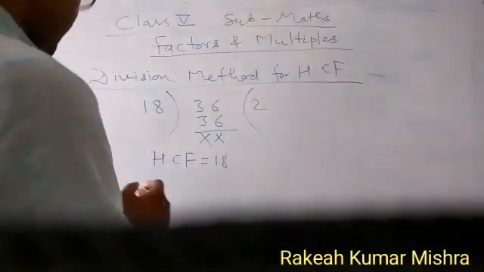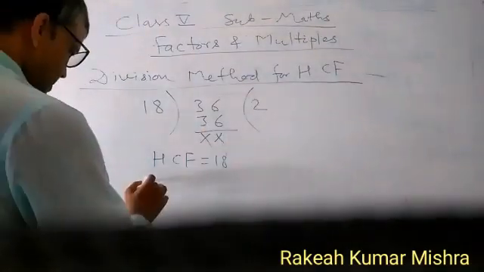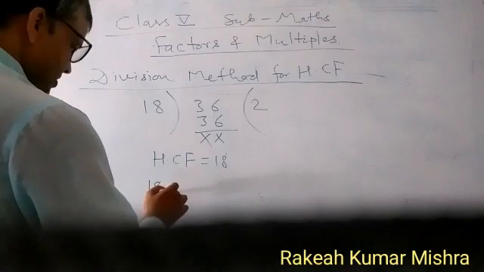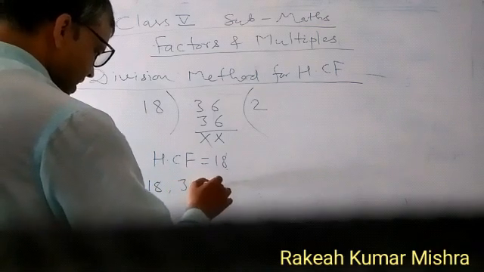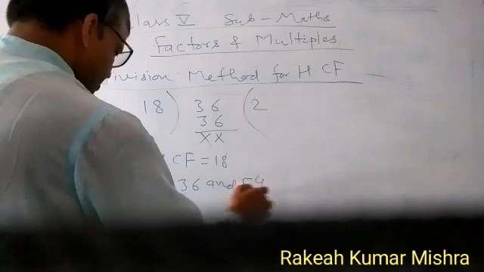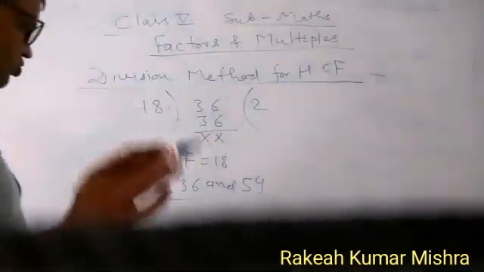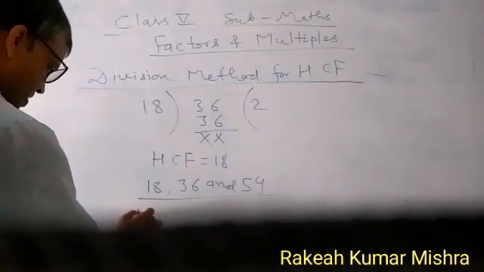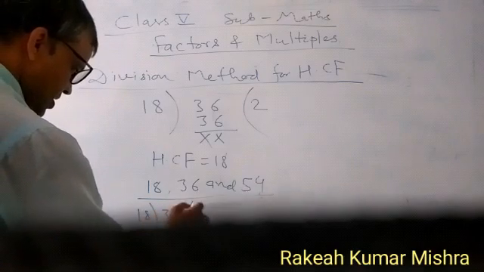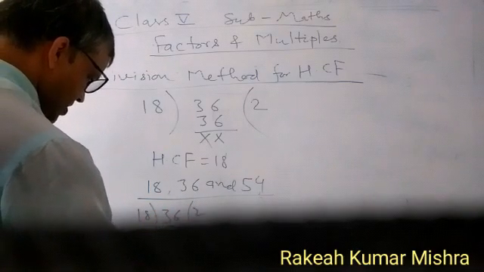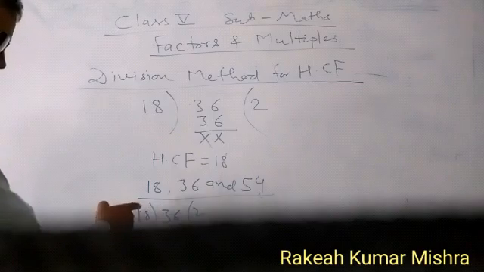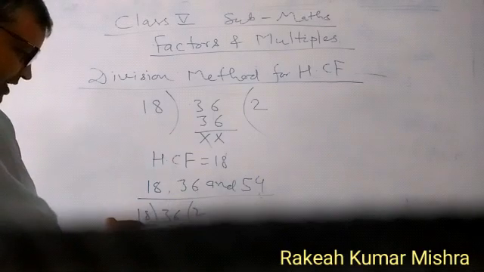Take another example. 18, 36 and 54. What will you do? HCF of these two numbers is 18.